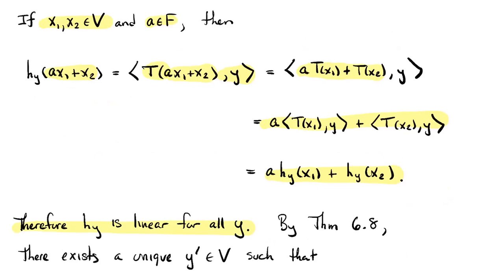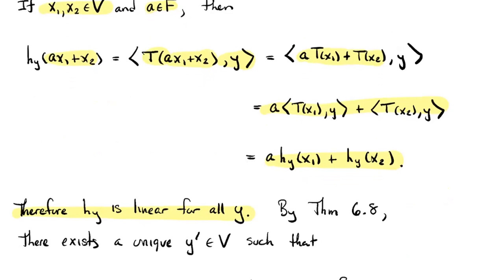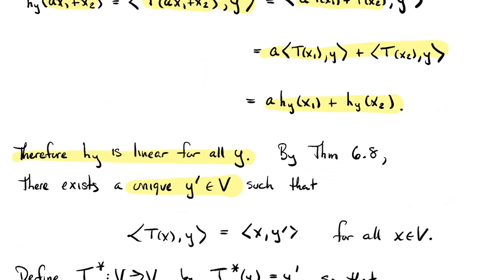So by the theorem we just proved, that h sub y is a linear map from V into F, there has to be some unique y prime such that h sub y is equal to just inner producting against y prime. So h sub y of x, which is the inner product of T of x with y, has to be the same as the inner product of x with y prime for some y prime, and it's unique.